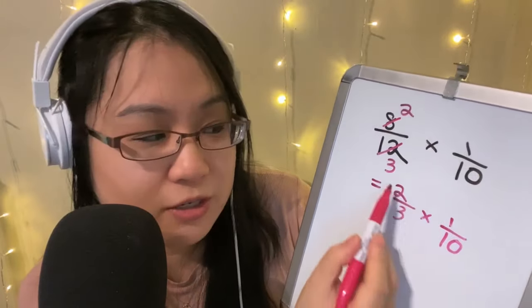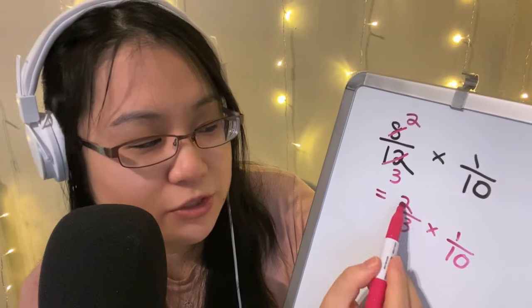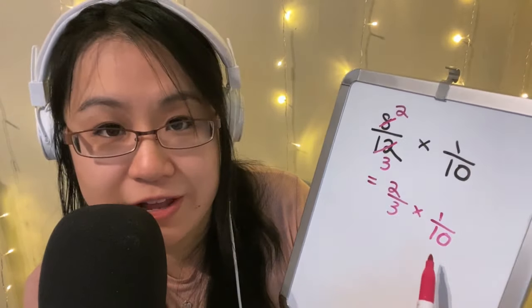And then we can check across. So 2 and 3 are good, 1 and 10 are good, but 2 goes into 10, or 2 goes into 2 and 2 goes into 10 rather.